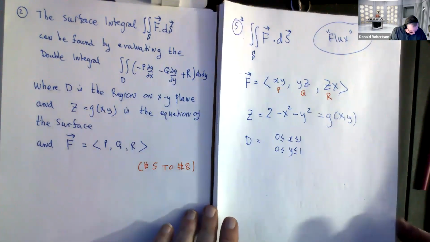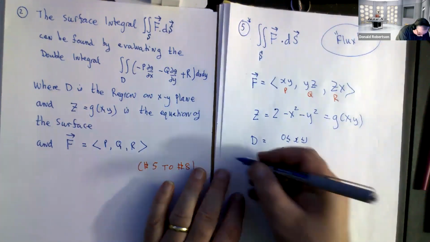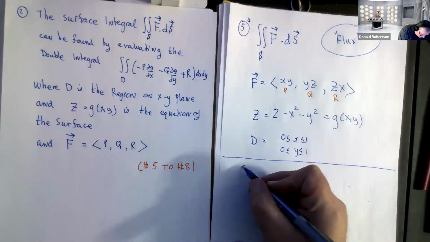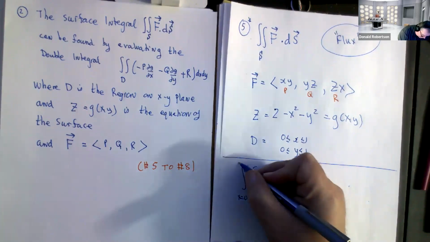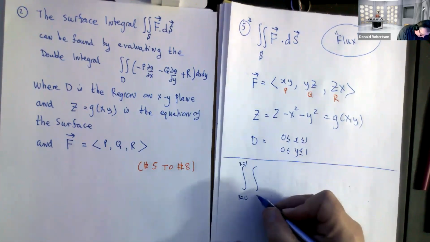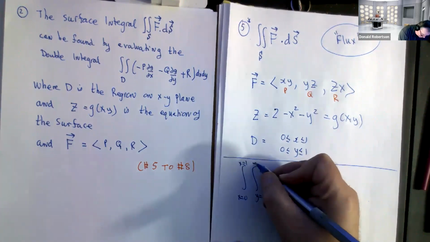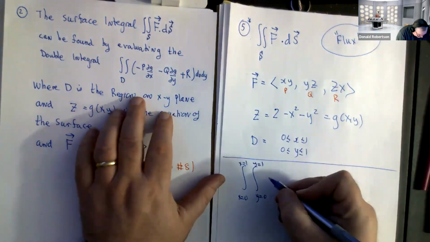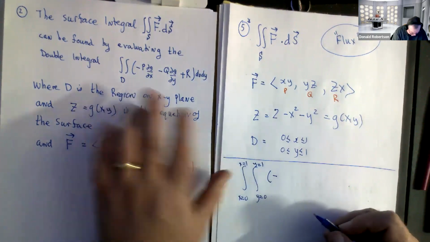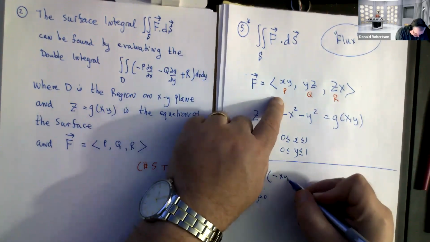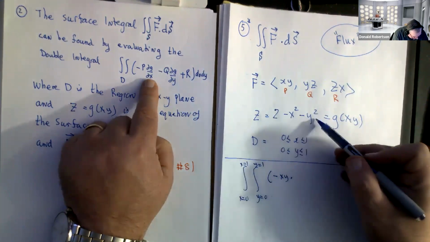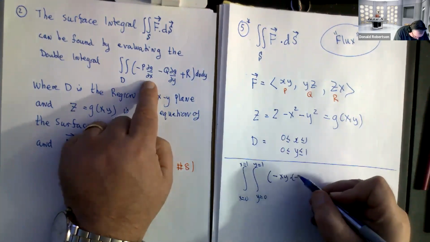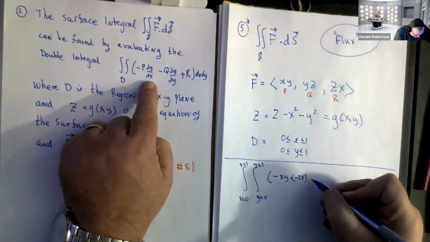Time to adapt it to that situation. It's going to be a double integral from x equals 0 to x equals 1, from y equals 0 to y equals 1, of negative P, so negative xy, times the derivative of g with respect to x, which gets you another negative 2x.